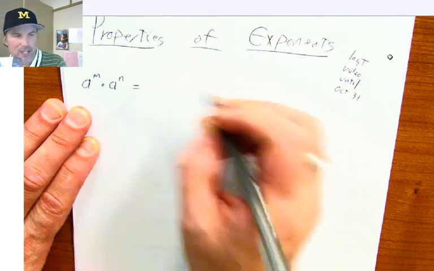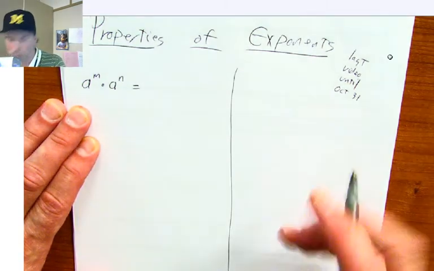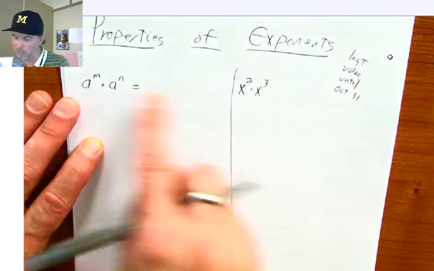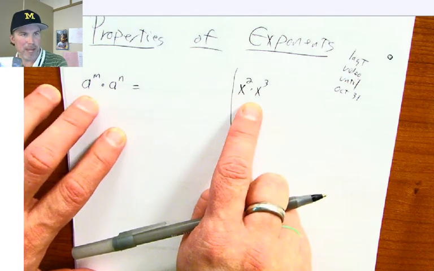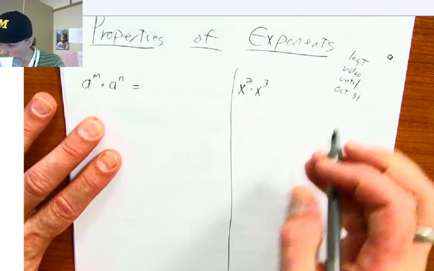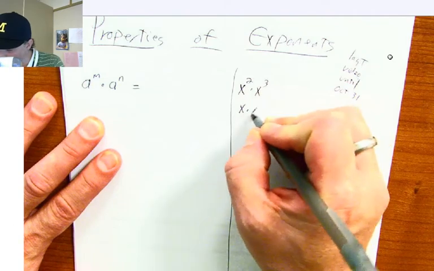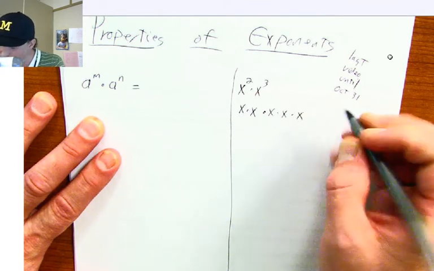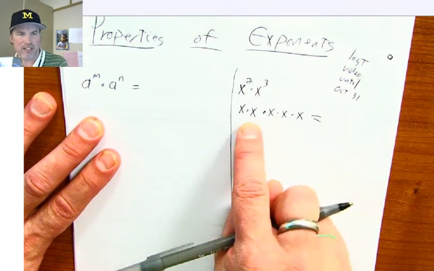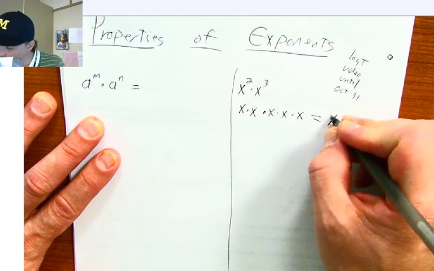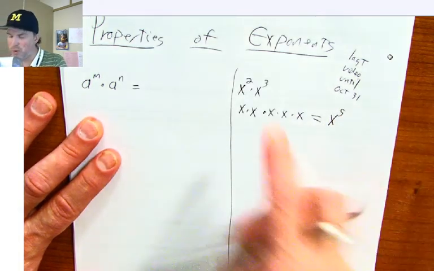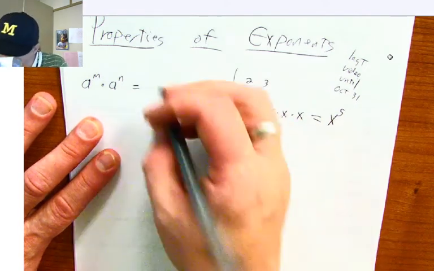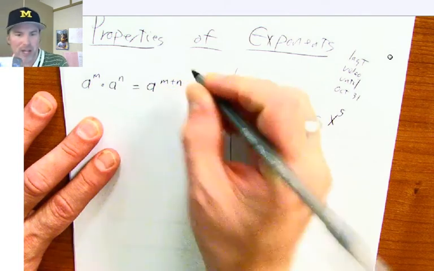When I think of these, it helps me to think of a real life example, like x squared times x cubed, where you've got the same variable for the base, and then different exponents. Well, x squared is x times x, and x cubed is x times x times x. So this is essentially x times x times x times x times x, which is x to the 5th power. Well, what did we do to 2 and 3 to get 5? We added them. So that's a to the m plus n.